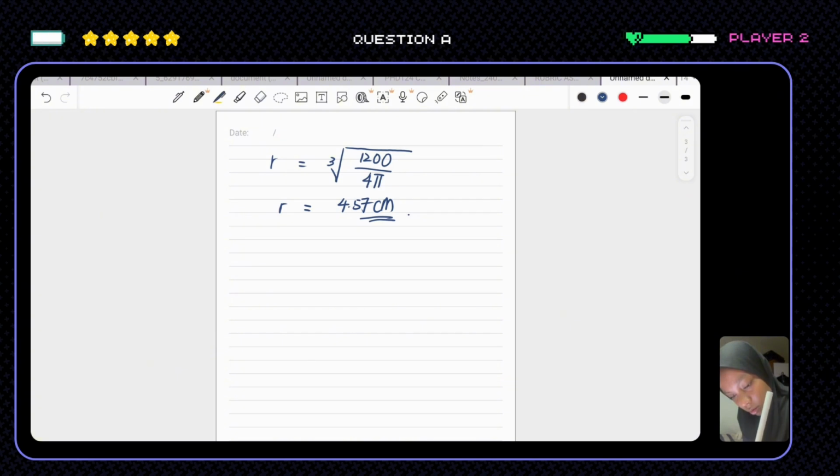For the last step, we need to do the second derivative to confirm the minimum value. d²A/dr² equals 4π plus 2400 over r³.